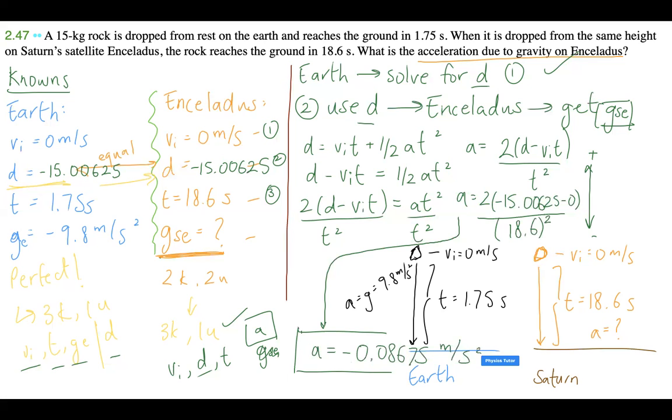And that's the answer that I got, and I checked that answer earlier on as well. So that's the correct answer. So the gravity is 0.08675 meters per second squared. That's the magnitude, and then you just put a plus or minus depending on which direction you set as your positive and negative. So GSE is equal to minus 0.0868 meters per second squared.